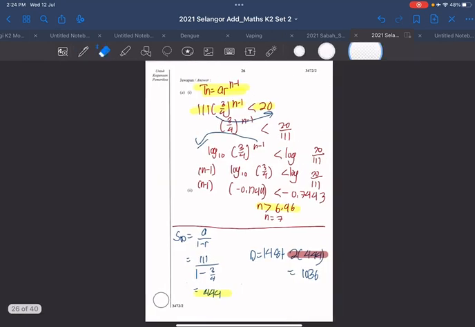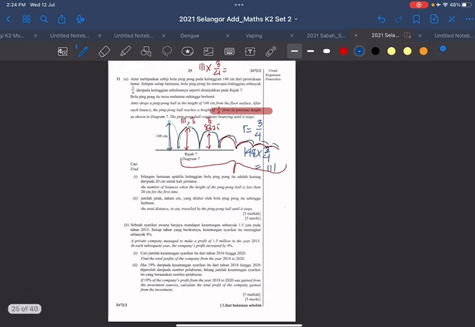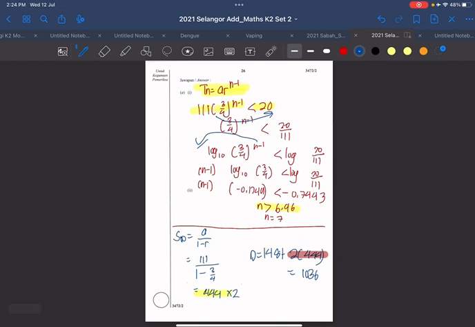So that is why I multiply this value by 2, and I add it to 148, which is the initial height dropped by Amir. So the total distance traveled by the ping pong ball will be equal to 148 plus 2 multiplied by 444. So the final answer will be 1036.